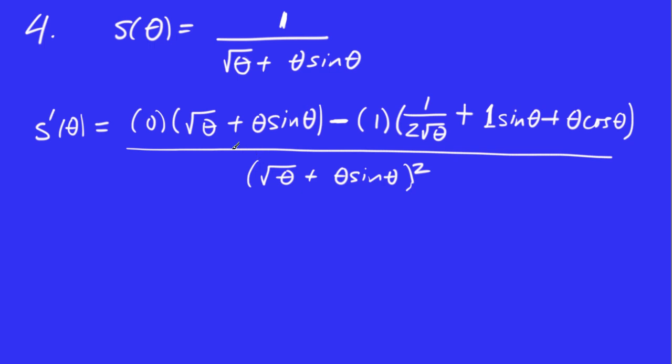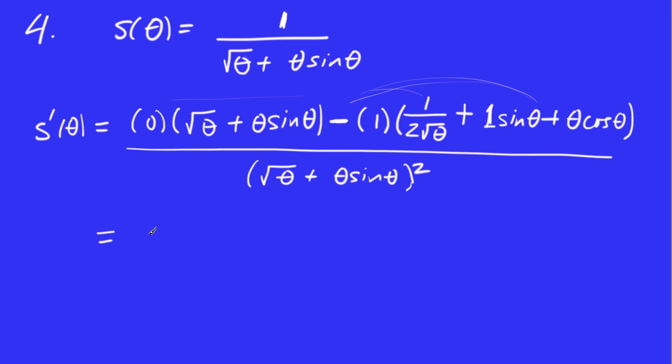And that's great. I guess one thing we can do is this is 0 times all of this, so this actually just all disappears. And this minus sign could be distributed across to all of these terms here. So why don't we do that?